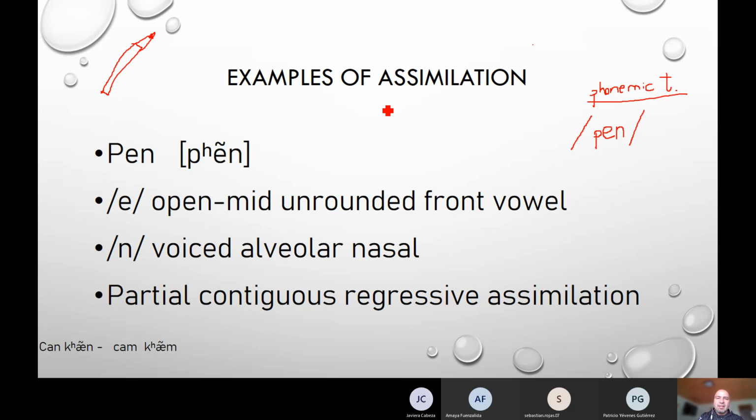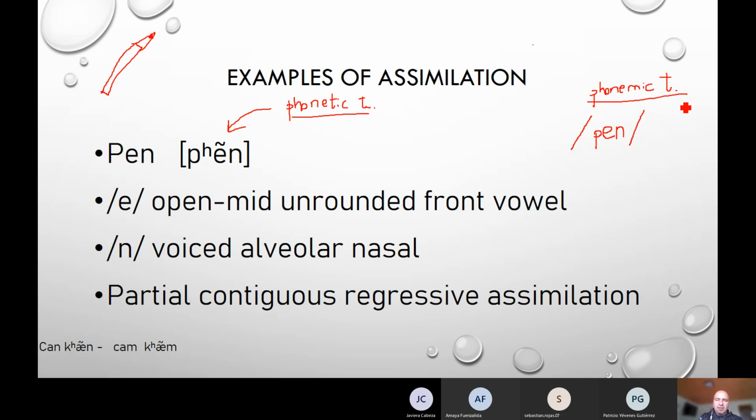Now this semester, we are using phonetic transcription. So phonetic transcription is basically what we see here. It provides more details about the way that this word can be transcribed.